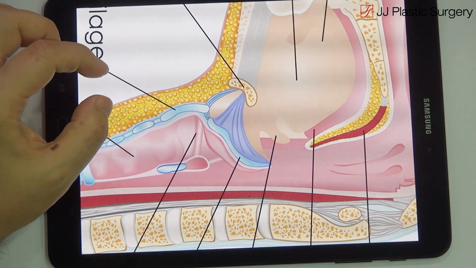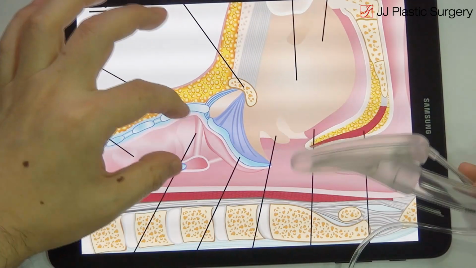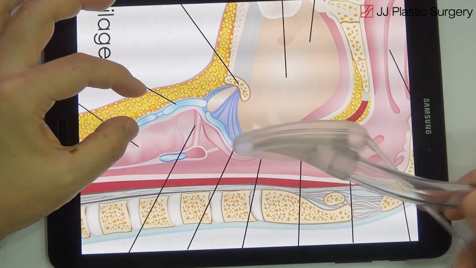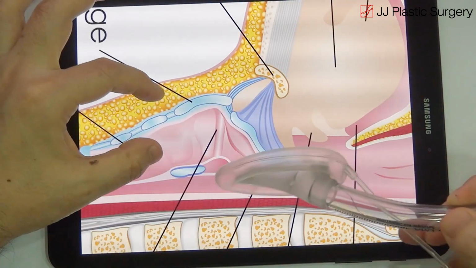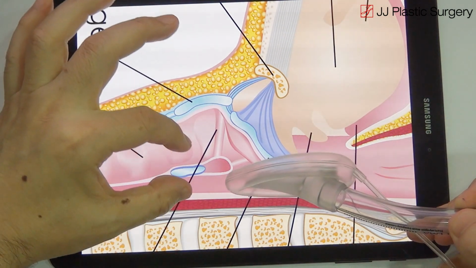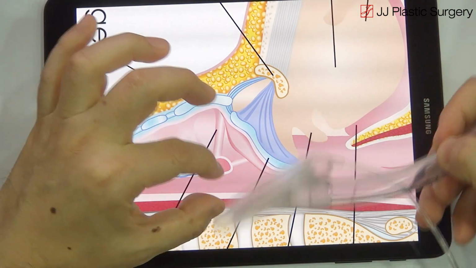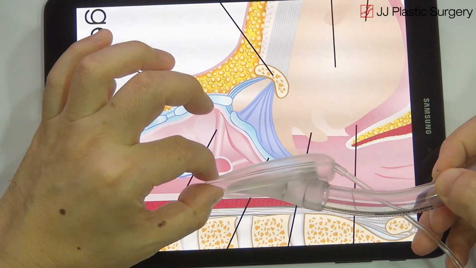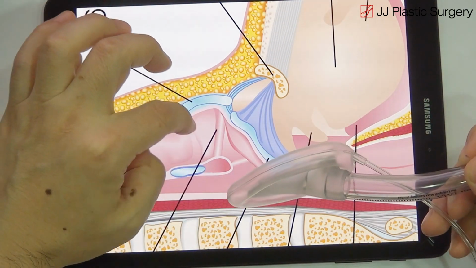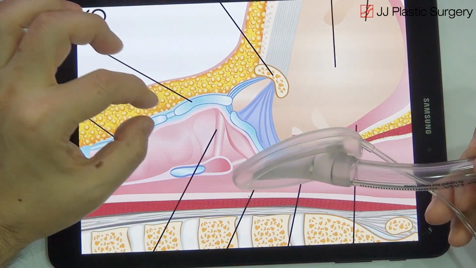So these days you can also use this kind of mask in the larynx. It is placed at the bifurcation of the trachea and esophagus, in the larynx, so it can seal the airway without irritating the vocal cord and inner surface of the trachea.